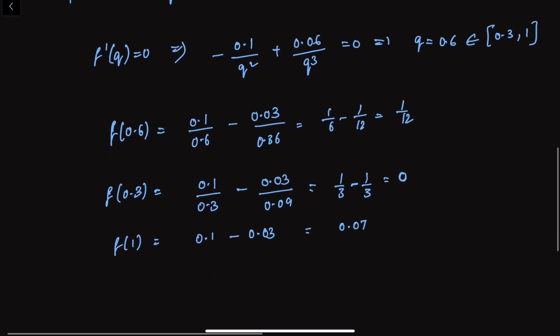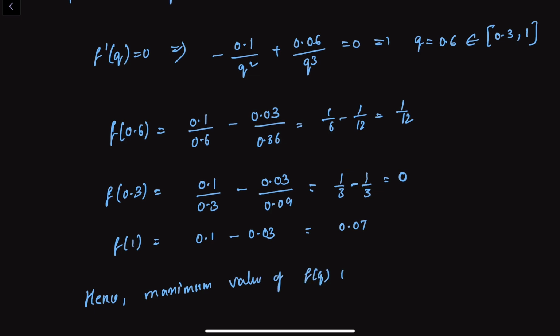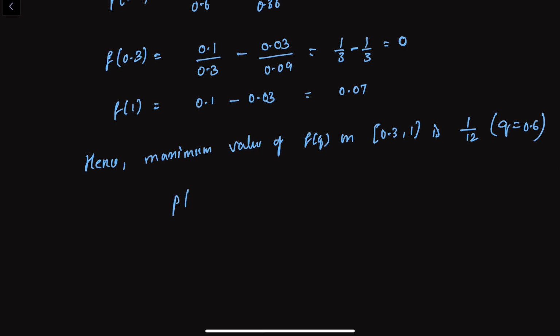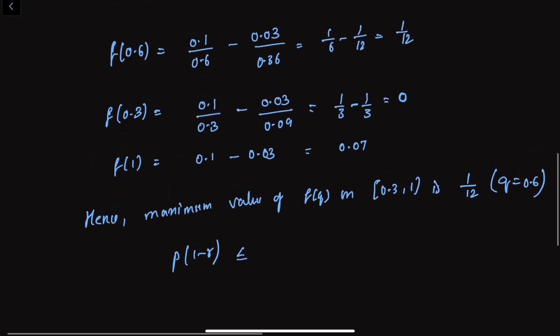Hence the maximum value of f of Q on the range 0.3 to 1 is 1 by 12, attained at Q equals 0.6. So we have found P into 1 minus R is less than or equal to 1 by 12.